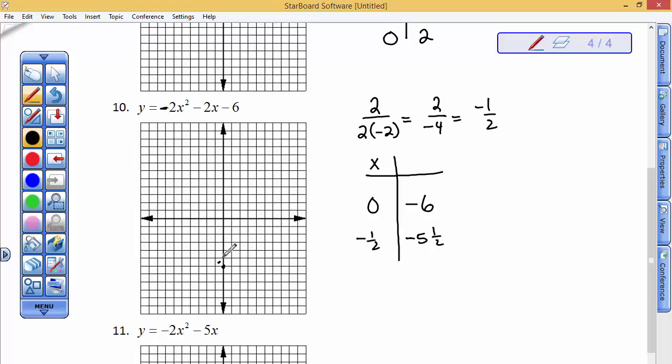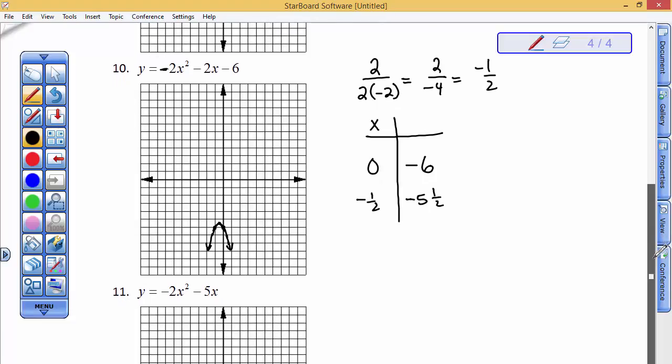Yikes. This one's got a negative sign in front of the squared term. So since this is the vertex, the other ordered pair that would work for this is symmetrical to this one, over here to the left, a negative 1/2. So this is kind of the sketch of that parabola. Again, if I need this for solving an equation or for whatever, I'm going to put it in my graphing calculator.